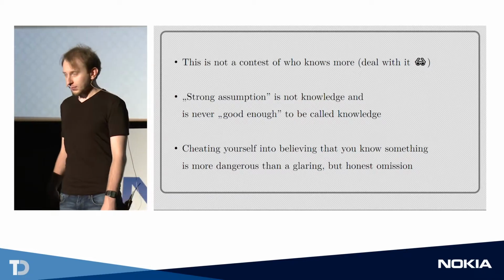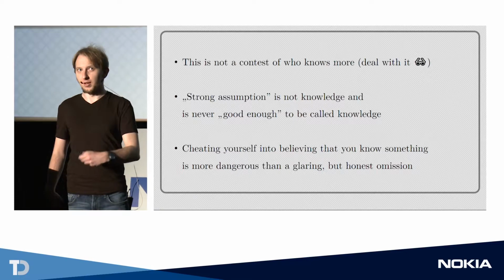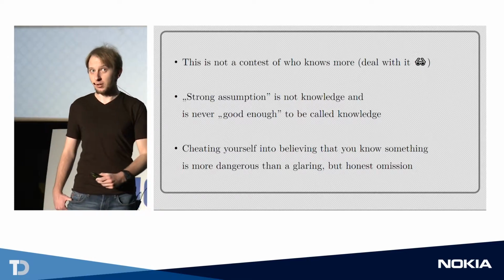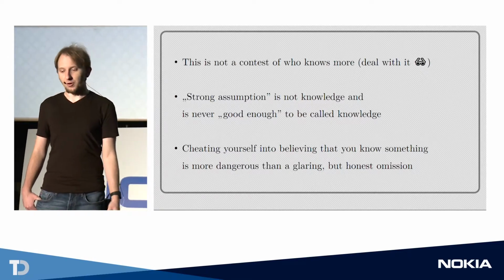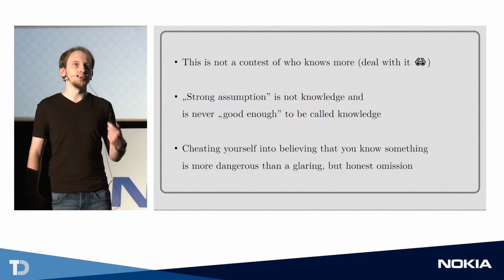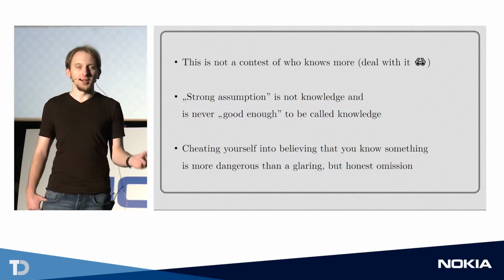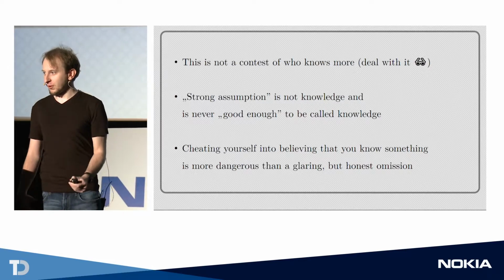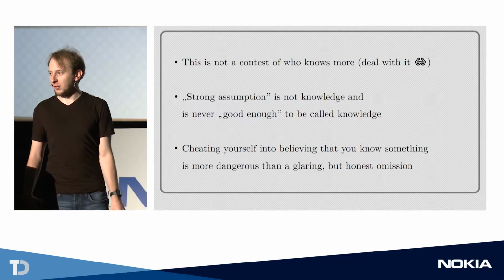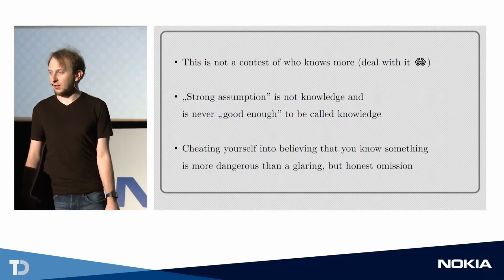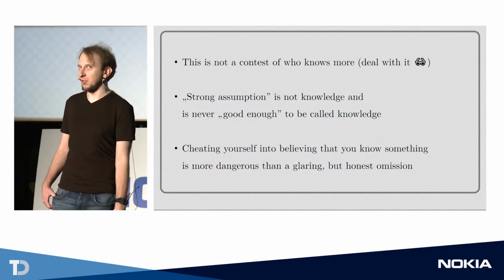So, since we cannot get the definitive answers, by definition, we are trying our gut feelings. We are trying to use our experience. And that leads to a very interesting phenomenon, like mistaking our knowledge with strong assumptions.